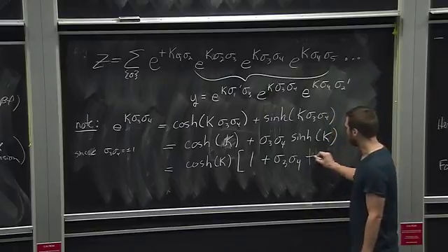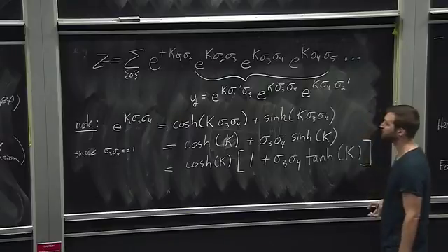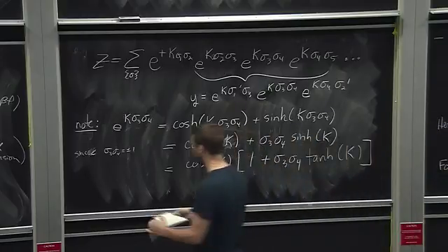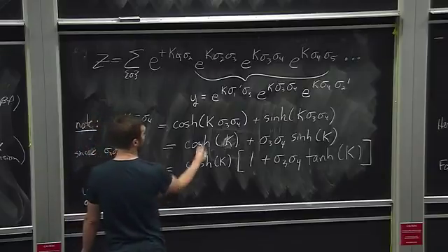Because I just want to write this in terms of hyperbolic tangent. And you can do that for all of those terms in Y. So I got 3 of them there.